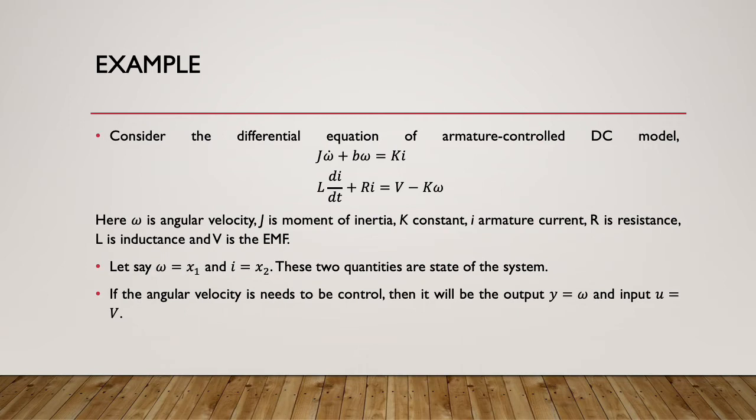So x1 and x2 are called the states of the equation, which are responsible for driving the output of the system. In this case, we have chosen the states as the current and the velocity. However, it is not restricted to use only these states. If you want to use different states, you can.